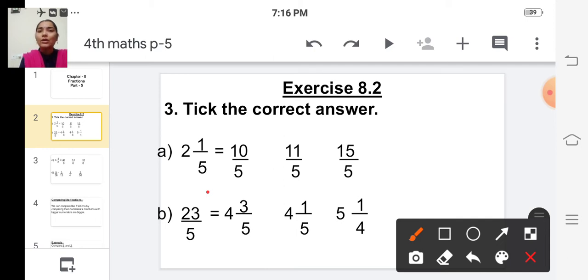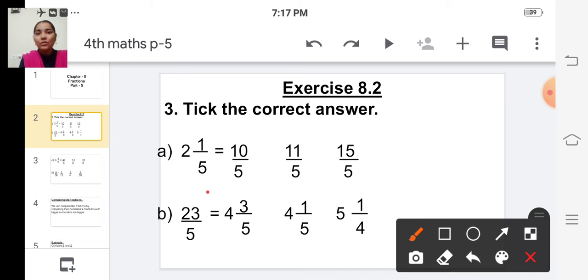Then how to convert improper fractions into mixed fractions? We have to just divide, isn't it? But before dividing, we have to check if there are any common multiples for numerator and denominator.